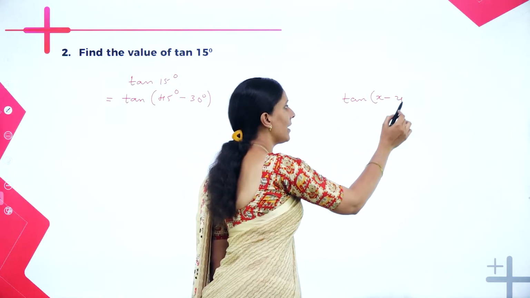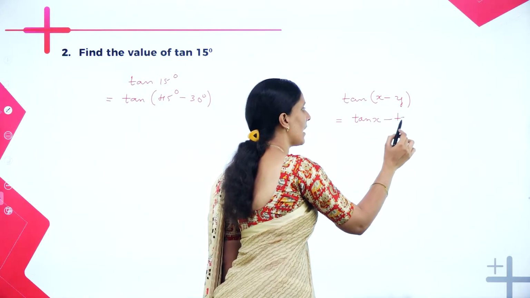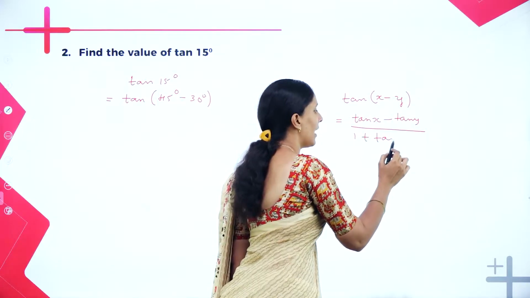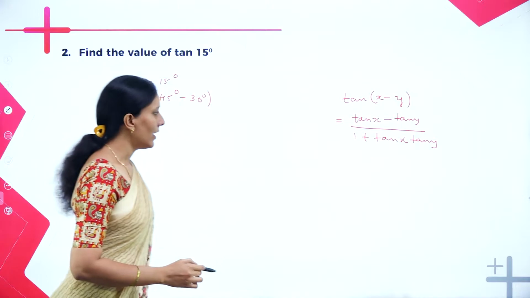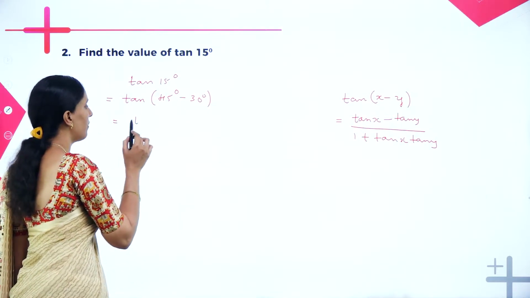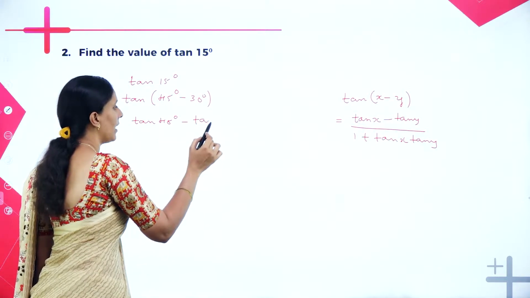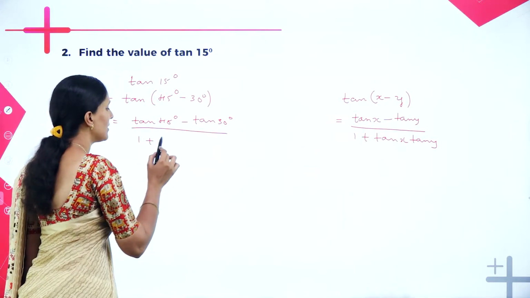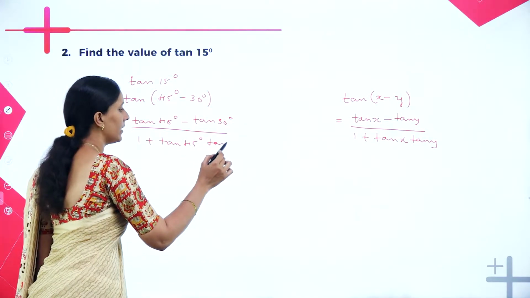We know that tan x minus y can be written as tan x minus tan y whole divided by 1 plus tan x tan y. Thus, we can write this in the form of tan 45 degree minus tan 30 degree whole divided by 1 plus tan 45 degree tan 30 degree.